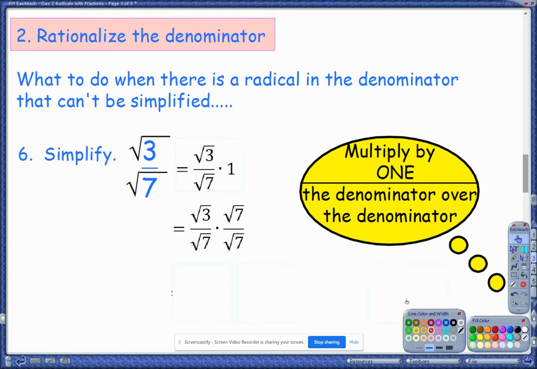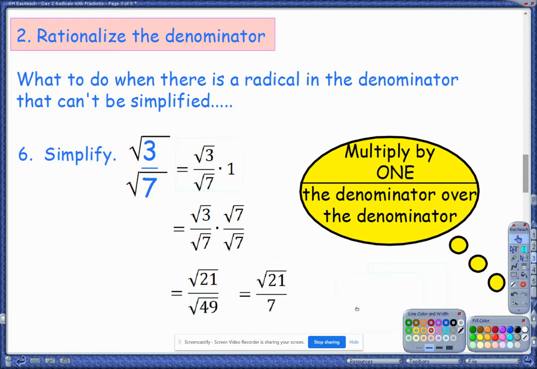I choose that because when I multiply the denominators, it becomes radical 49, which simplifies to just 7. My numerator becomes radical 21, and my denominator is radical 49, which becomes 7.